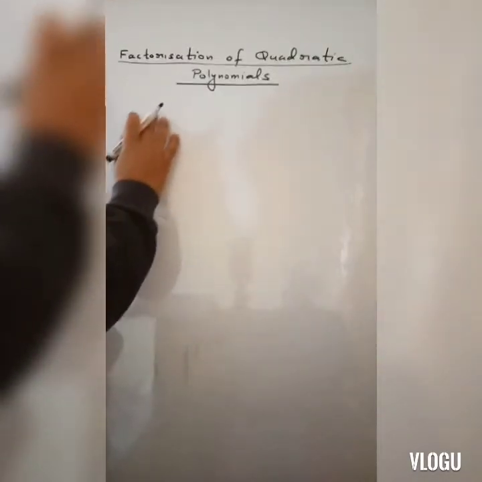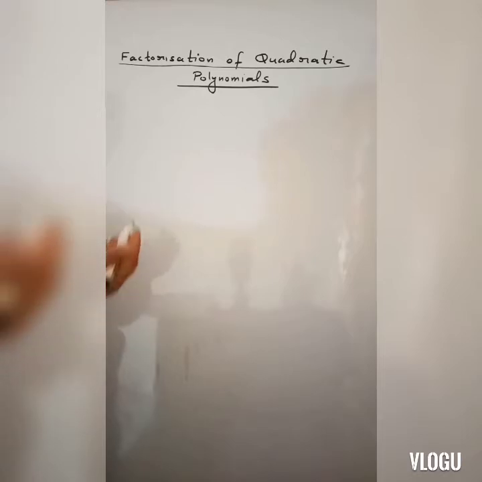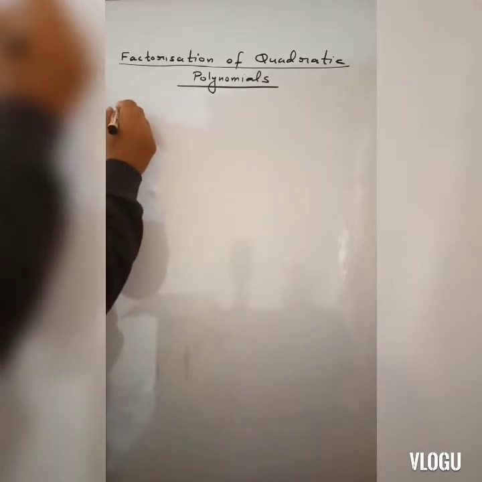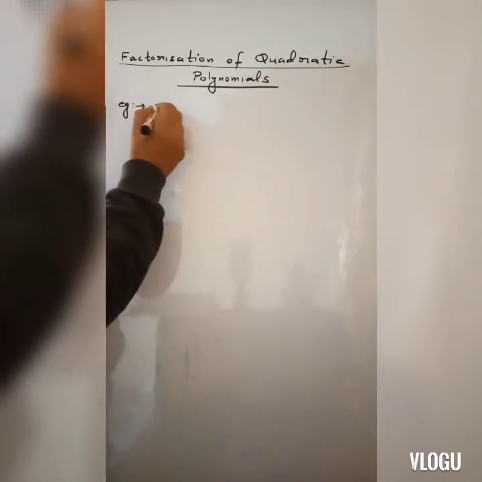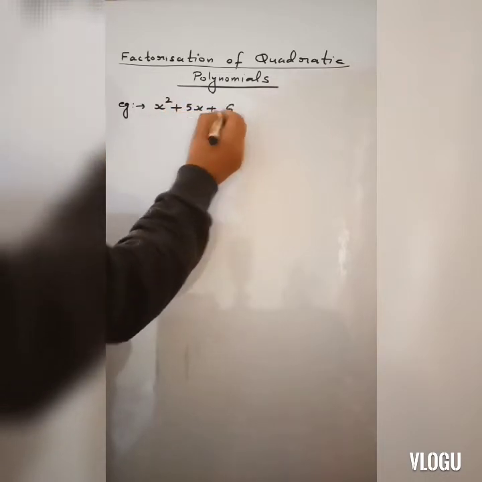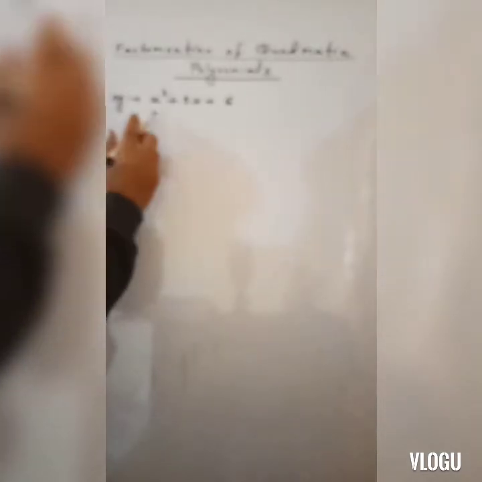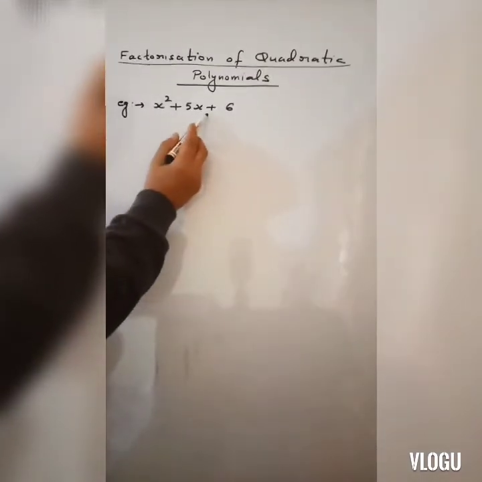As you know, the polynomial whose degree is 2, degree meaning the highest power of the variable, is called a quadratic polynomial. For example, if you have x square plus 5x plus c, this is a polynomial, and its degree is the highest power of the variable.